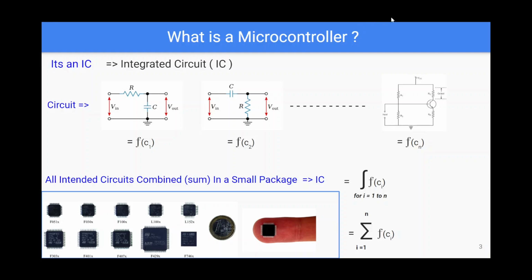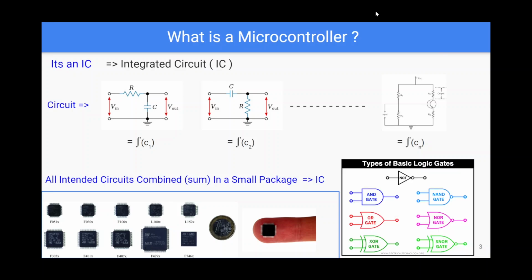Okay, but in relation to microcontrollers, because microcontrollers mostly deal with digital circuits, when we talk about digital, they have circuits which implement these gates. Again, these are some of the basic gates.